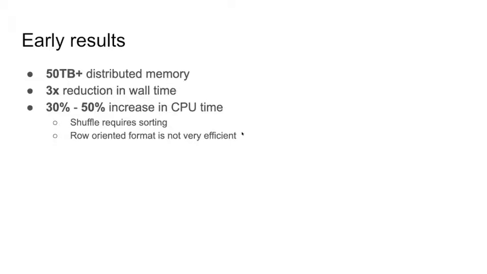And our format for intermediate shuffle is not very efficient. We basically implemented some very basic prototype. So there is still some room for improvement.